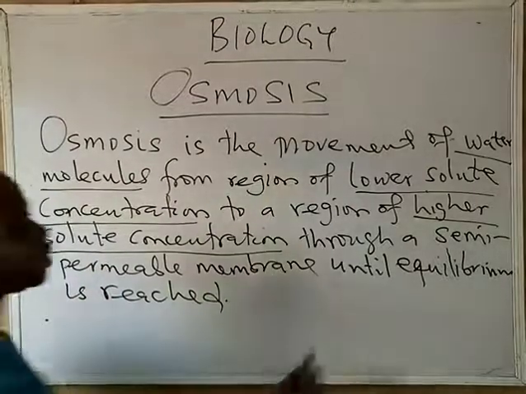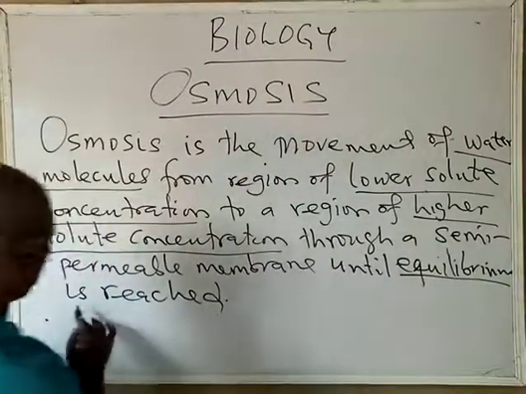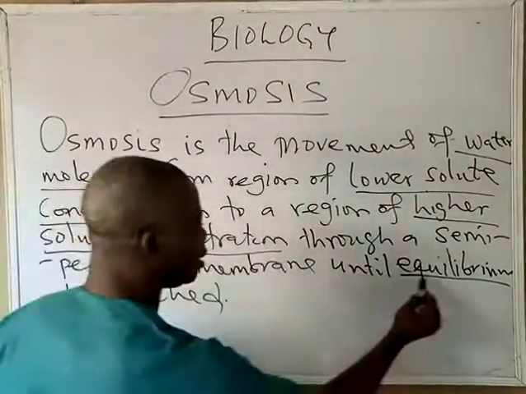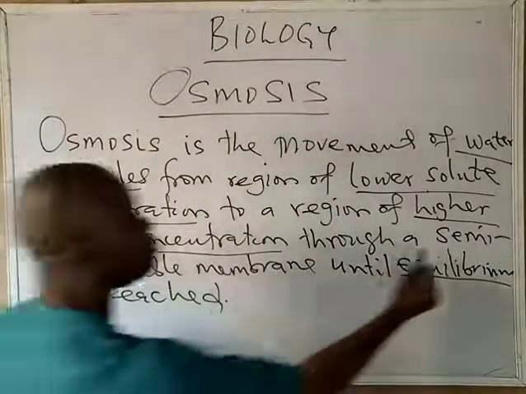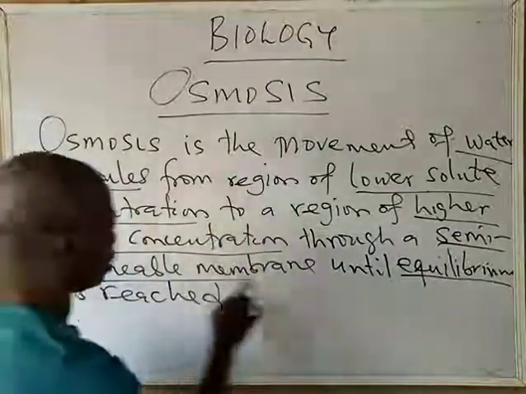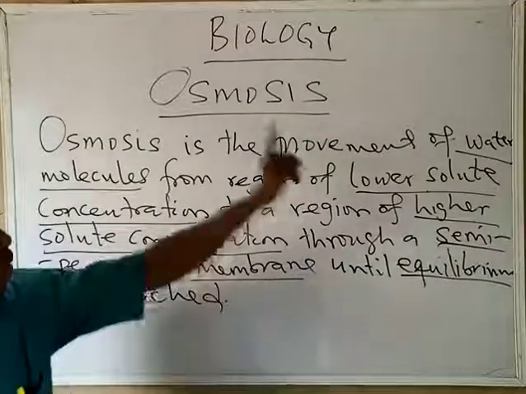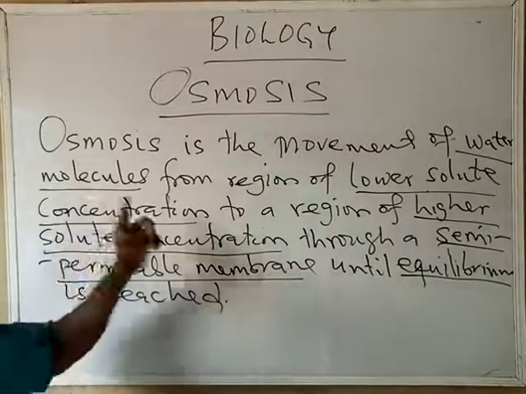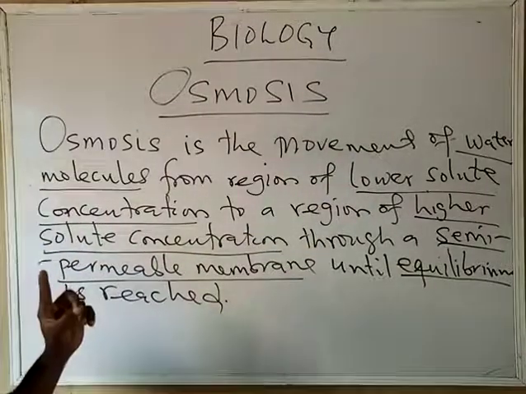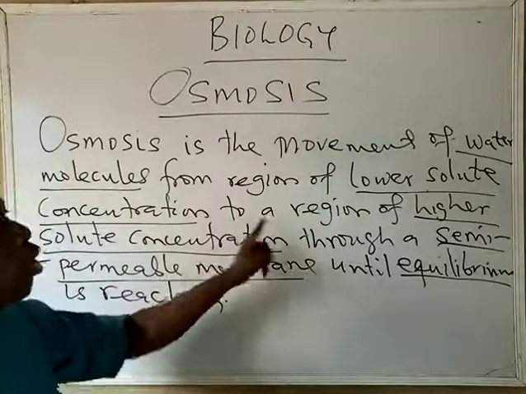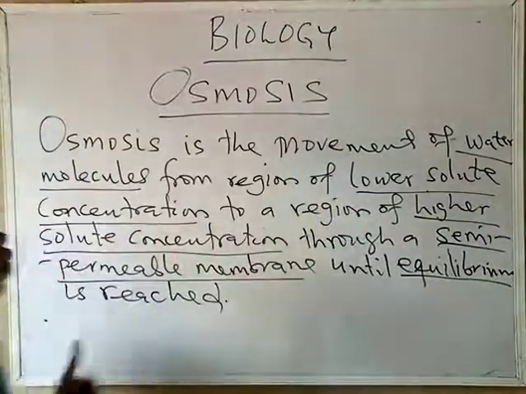Now, each of these terms that we underline, till equilibrium is reached, semi-permeable membrane, equilibrium, everything we are going to give meaning. One, osmosis is the movement of water molecules. And the second point is that this movement is from region of lower solute concentration.